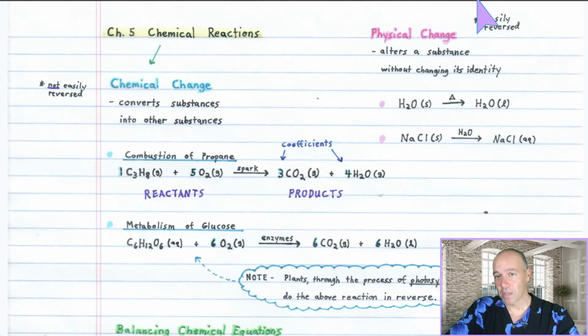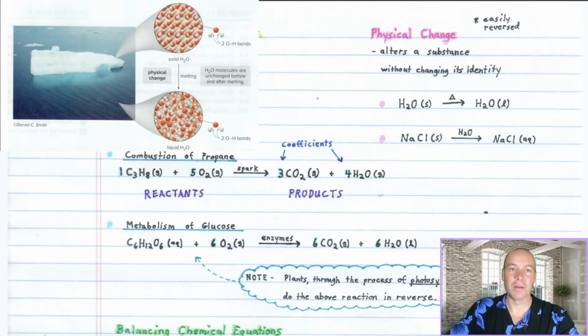Now, physical changes are also easily reversed. And it's pretty easy to convert liquid water back into solid water if you simply cool it down. Your author shows you a picture of this physical change. So here it is, an iceberg floating in the ocean.